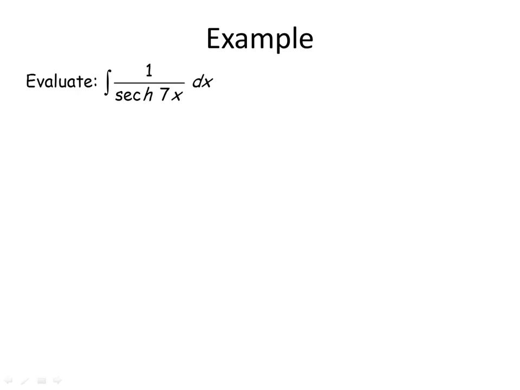What you're going to have to do is think of trig, basically. So instead of doing 1 over hyperbolic secant of 7x dx, how can I change that to where I can do the antiderivative? And again, think about it, okay?